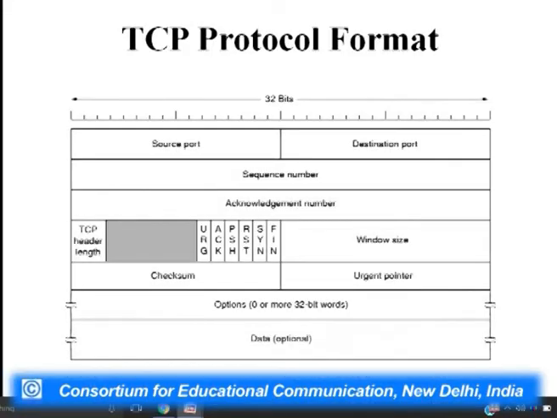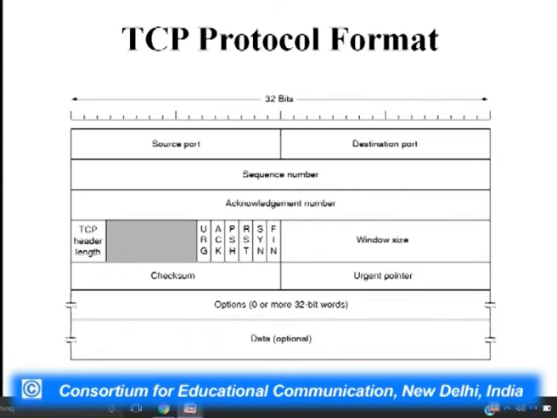Now this is 32 bits from left to right, and there are several fields. There is a source port, a destination port, then a sequence number, followed by an acknowledgement number. The source port is 16 bits, as we talked about in the case of UDP. Similarly, the destination port is also.